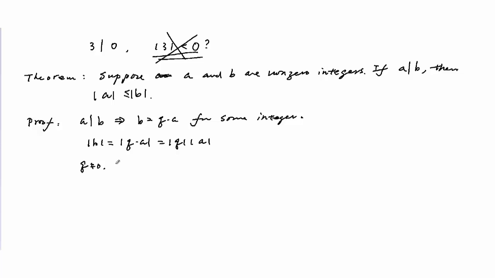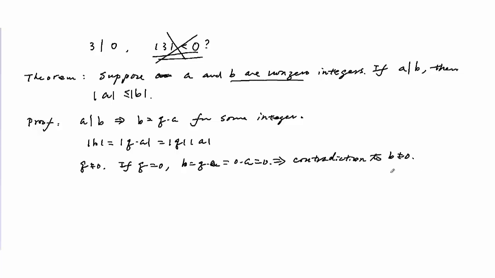Because by contradiction, if Q is 0, then B equals Q times A means 0 times A equals 0. But this contradicts A and B being non-zero, right? This is a contradiction. So therefore Q is not 0.